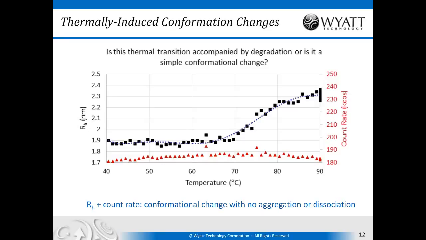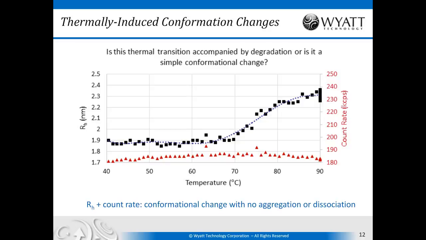We can use the combined information from the size and the average intensity to understand if a transition is accompanied by some form of degradation, for instance, aggregation or dissociation, or is it simply a conformational change? And so in this example, which is actually a protein, you can see that as you go through the conformation change, the size is increasing, but the count rate, which is actually the static light scattering, is remaining the same.